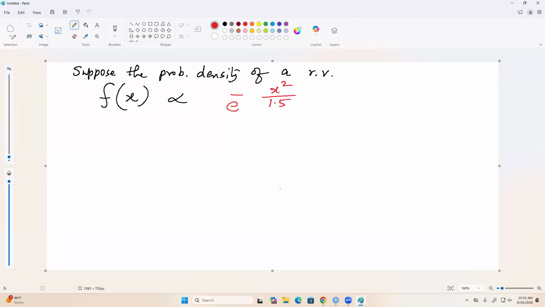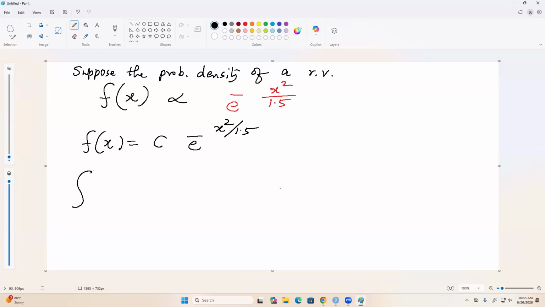Then do I know the constant of proportionality? Yes, I can easily figure out the constant of proportionality. Why? Because I can first write f(x) equal to c times e to the power minus x squared over 1.5.